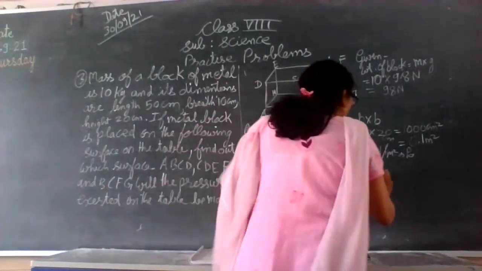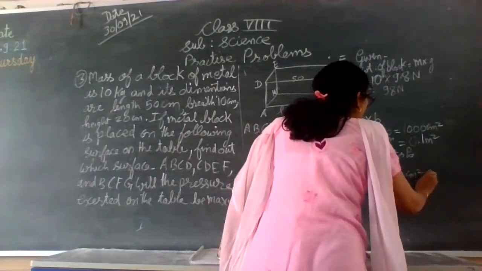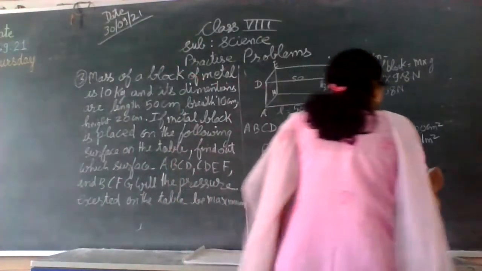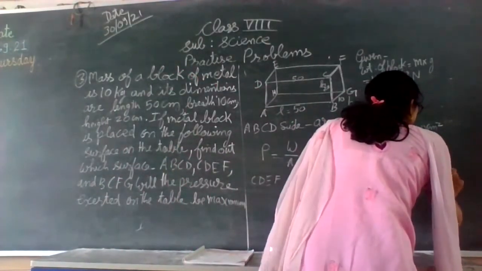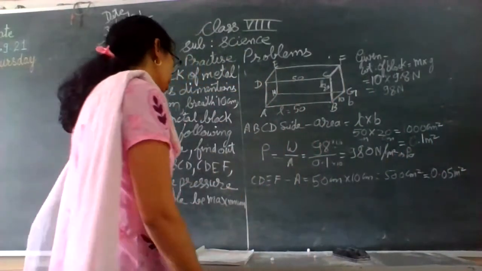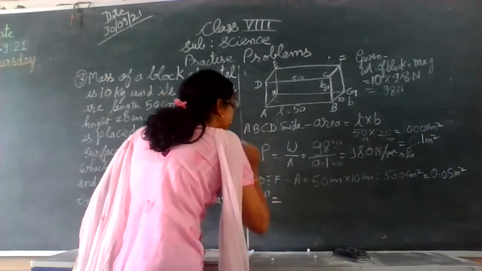Therefore, it will come up to 500 centimeters square. After converting it into meters, it will come up to 0.05 meter square.